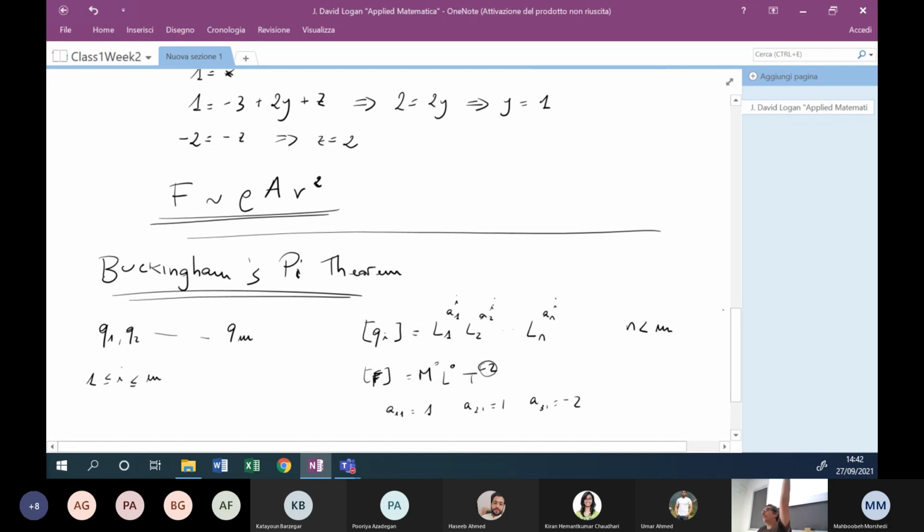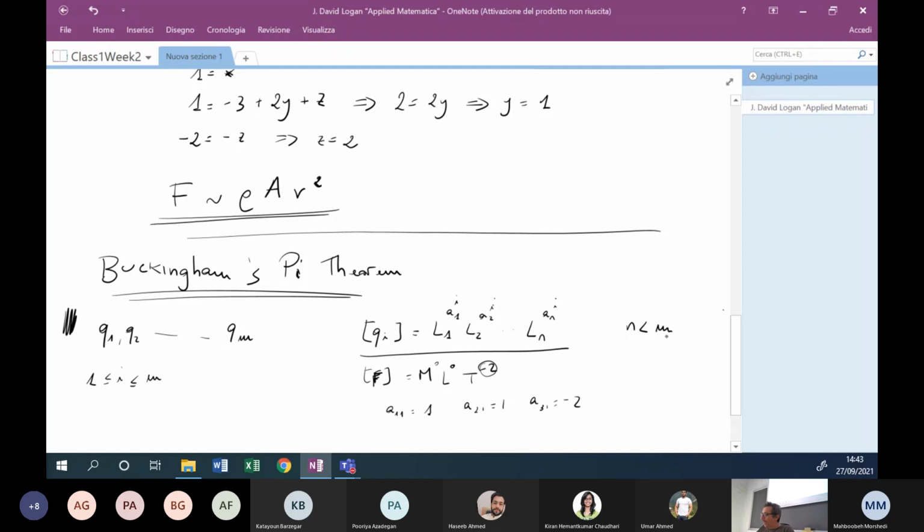Okay, and I'm doing this for all the variables that I have in the problem. Again, I have m dimensionful variables in the problem, and each dimensionful variable can be written in this way.